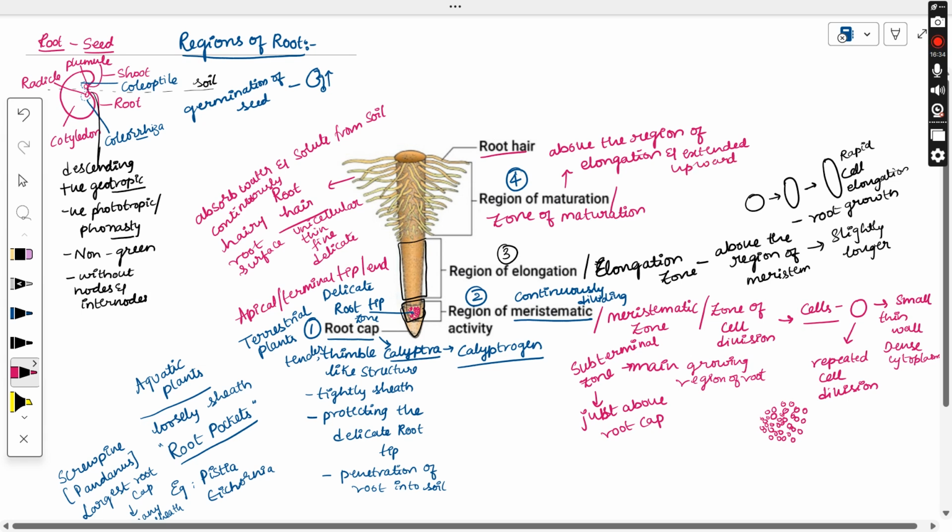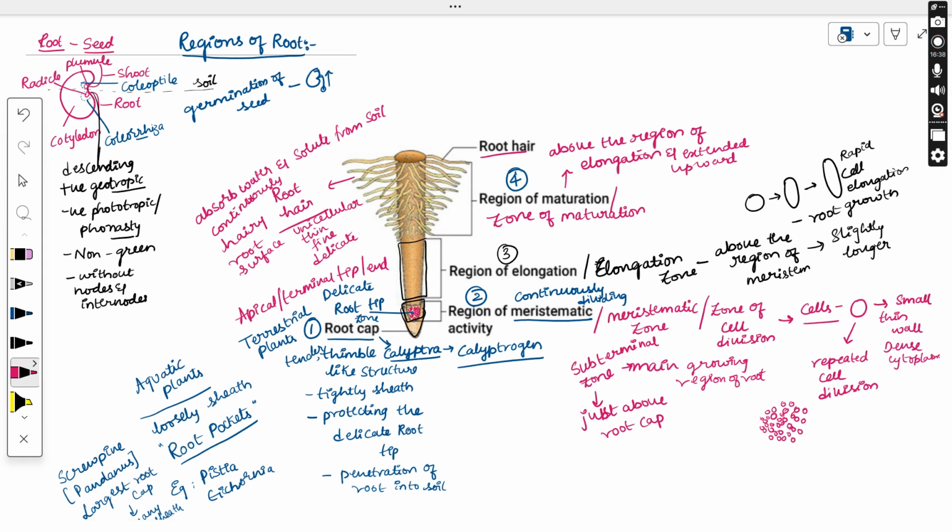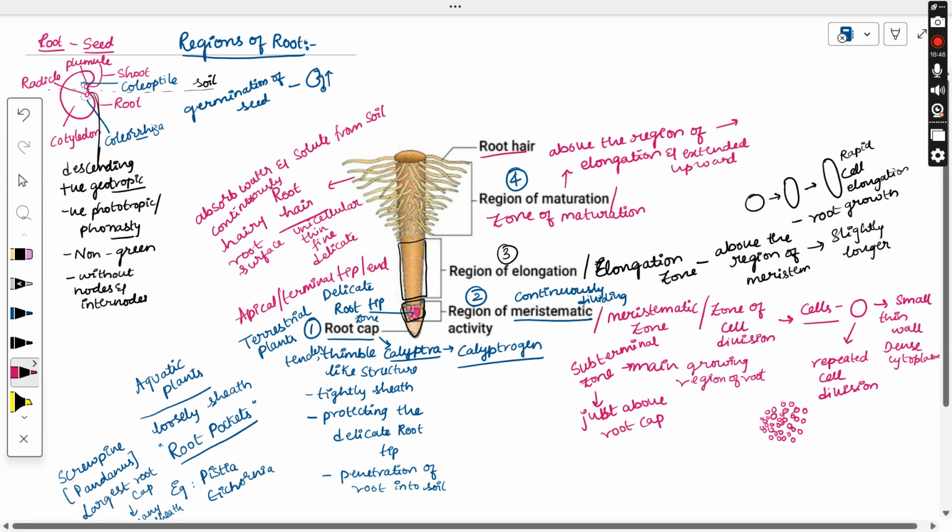That is the zone of maturation. The cells which developed from differentiation become mature cells here. So here all the cells are getting matured, and once they are matured, they are ready to perform a specific function. Those types of cells can be seen in this case.